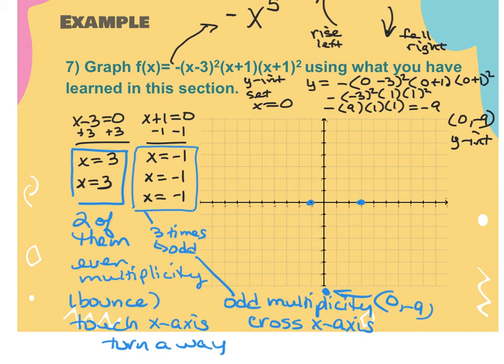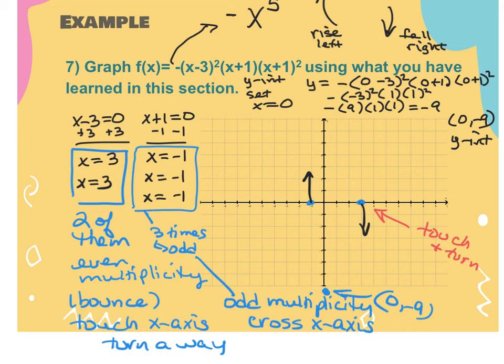So we know it's going up here and down here. And now we just have to figure out the movement in between. Now remember, at this (3, 0), this is going to be a touch and turn. So it's not going to go through the x-axis. So let's go ahead and figure out what we need here.